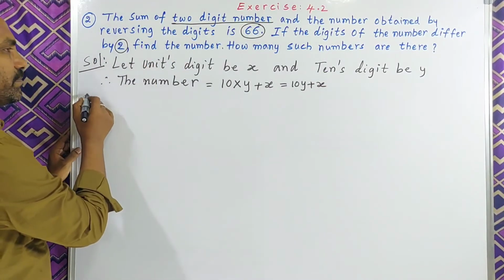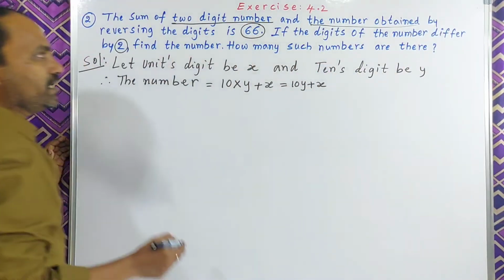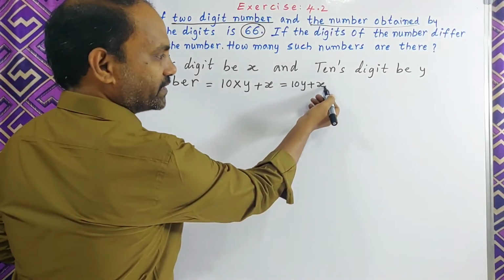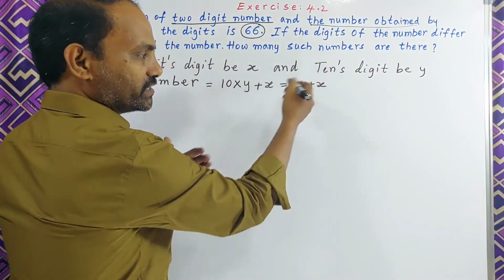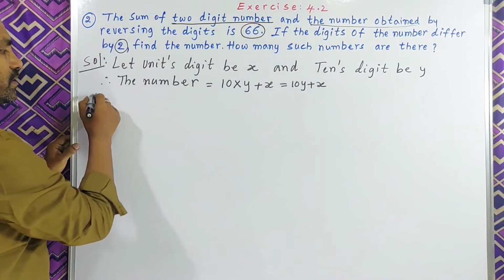The number obtained by reversing the digits: you should reverse, writing the units digit in the tens place and the tens digit in the units place.